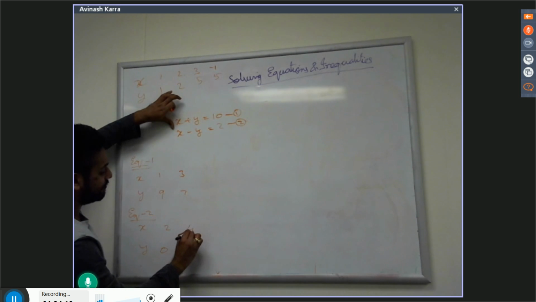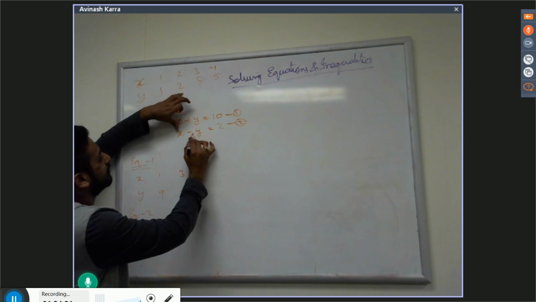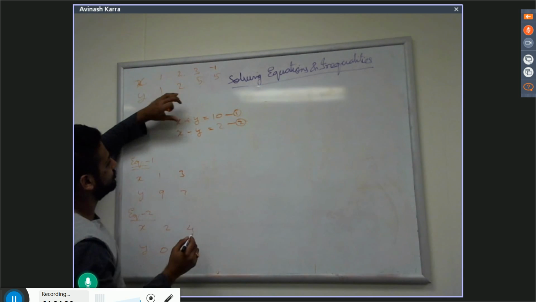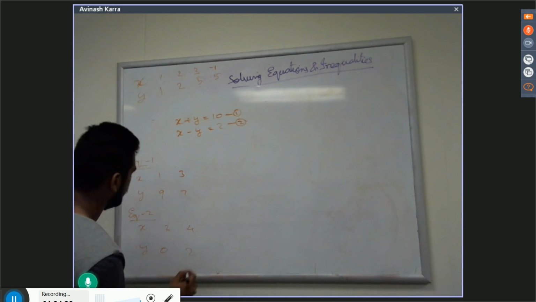When x equal to 4, y goes this way, 4 minus 2, 2.